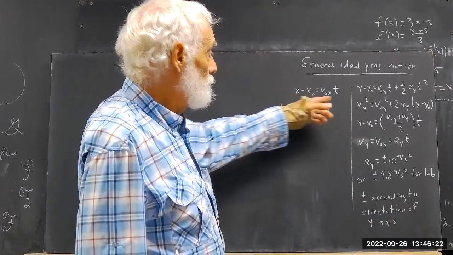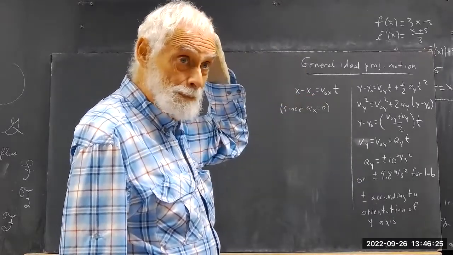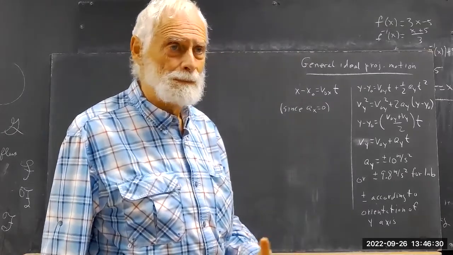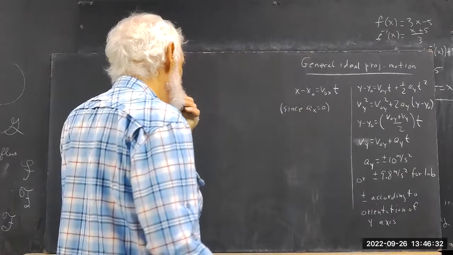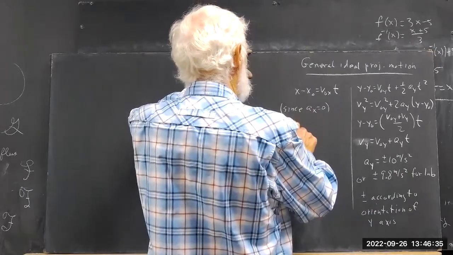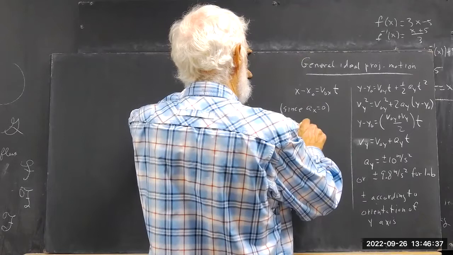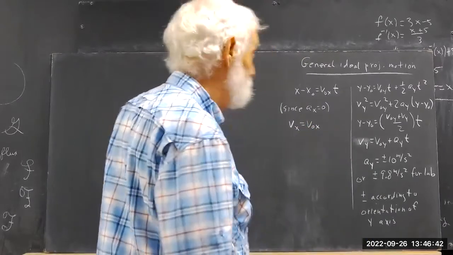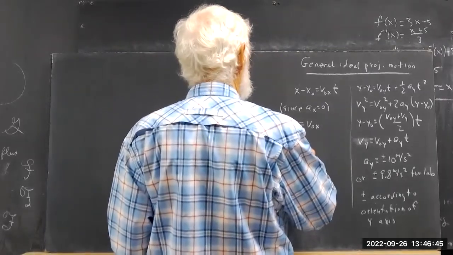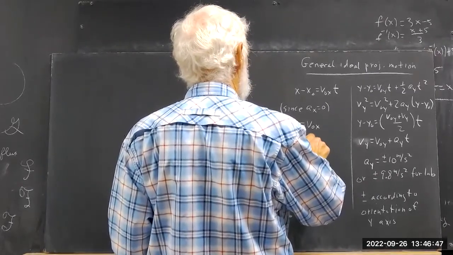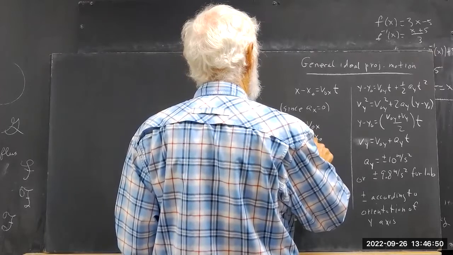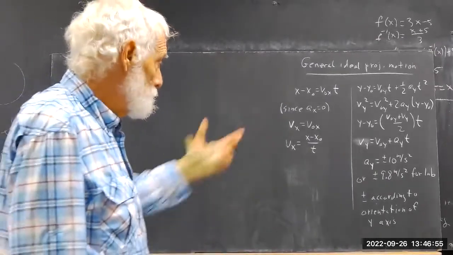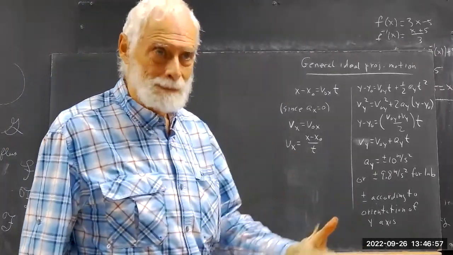Often we can get by with just this equation for the x, because the other equations for x are pretty much x equals v naught x t, or v naught x is x minus x naught over t. Displacement over time is the intuitive equation.